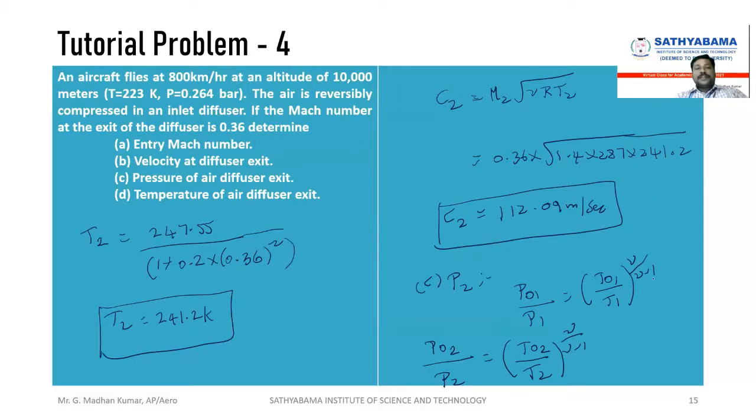So T01 is 247.55 divided by T1, right? What is your T1? T1 is 222, right? Gamma by gamma minus 1, so 1.4 divided by 0.4. So find the value of P01 by P1 now, and then find the value of P02 by P2.